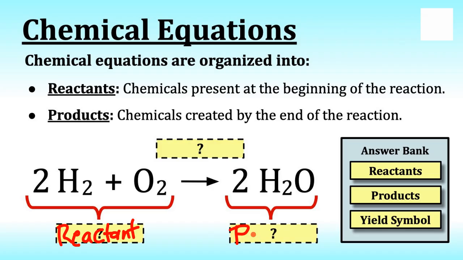So it's like you have parts. Okay, so product is always on the right-hand side. This is the yield symbol, means to produce. All right, these two. So this is a reaction of hydrogen and oxygen that gives us water.